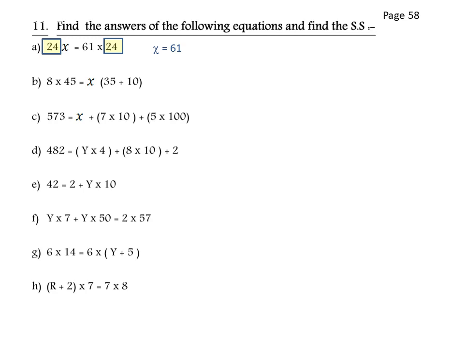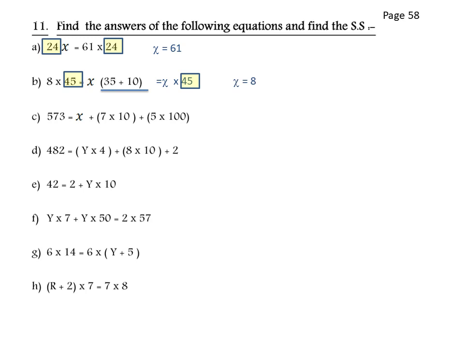You can write 35 plus 10 as 45. If I write it as 45, I will have a common factor on the other side. So 8 times 45 equals x times 45. Now I have a common 45, so just by looking, x equals 8.